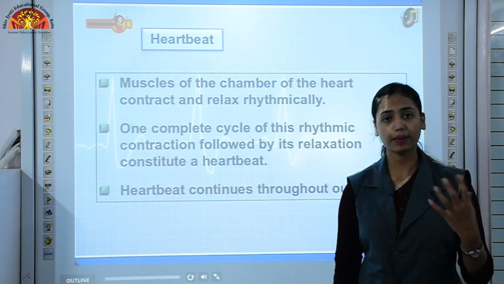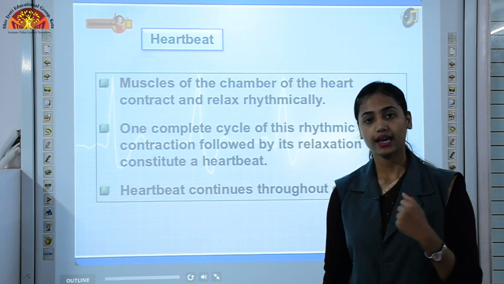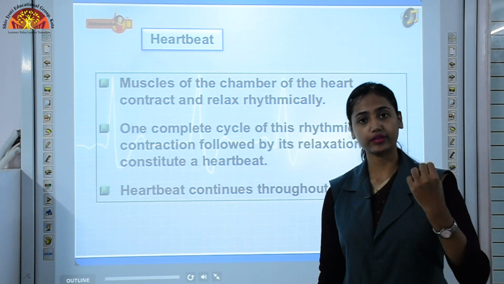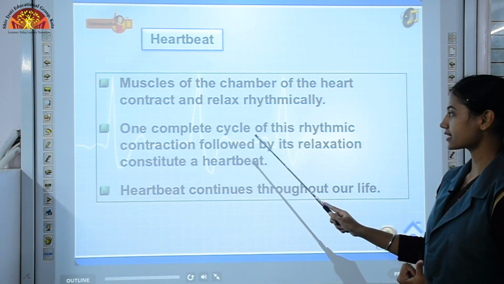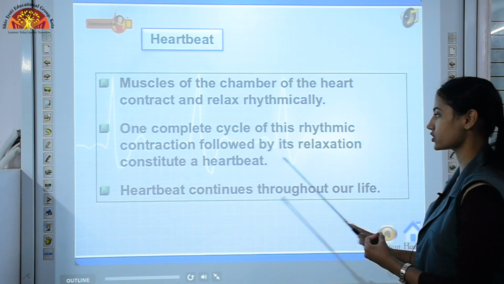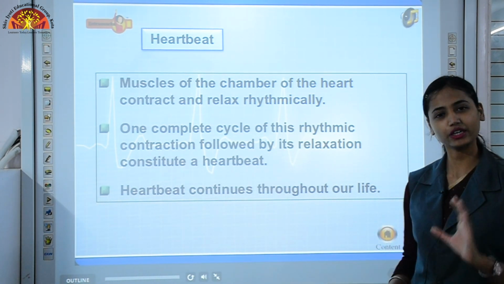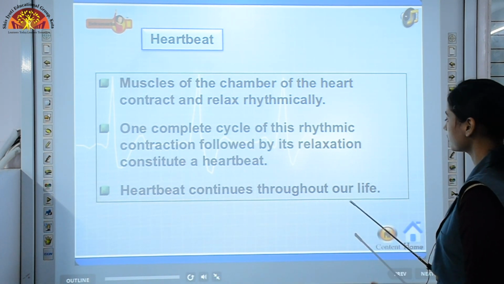So what is that pumping? That is contraction and relaxation of our heart, and that contraction and relaxation is known as heartbeat.